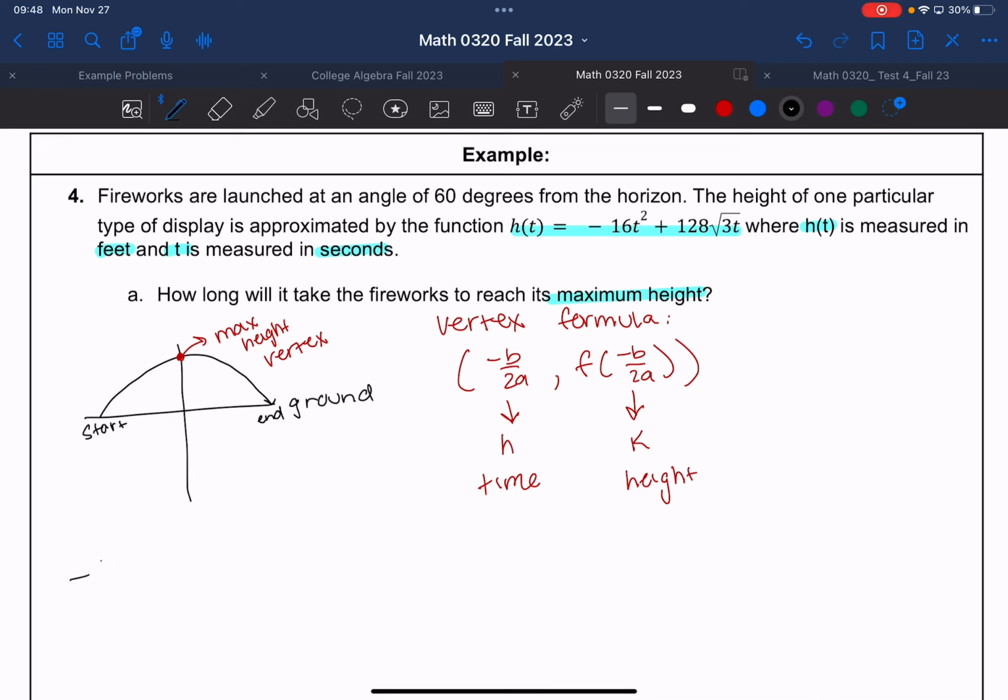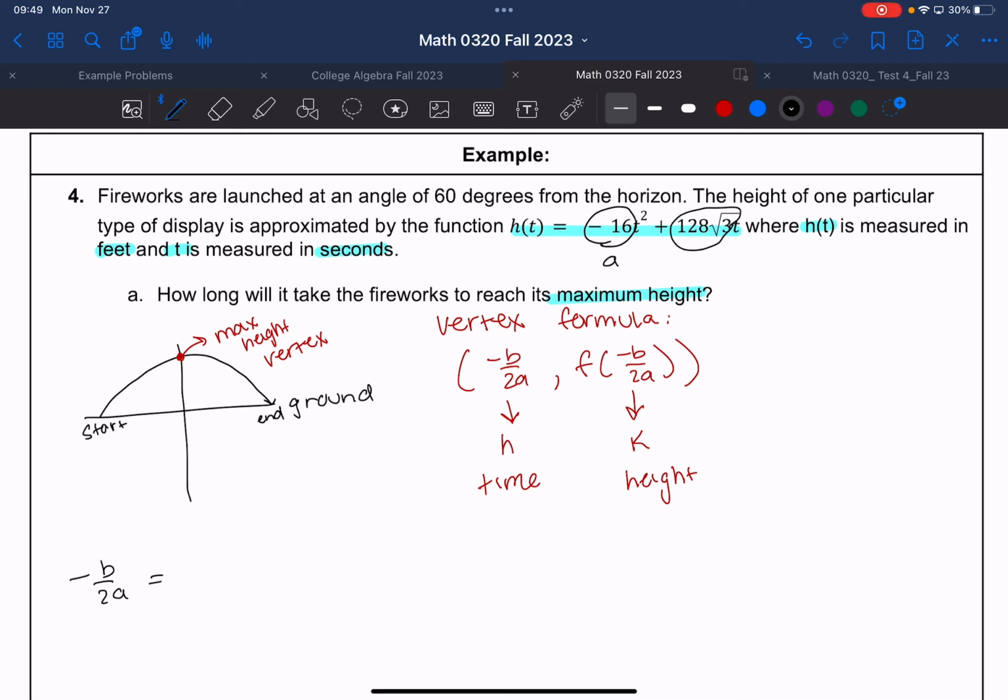So we do negative b over 2a. In this case, what is our a value and what is our b value? Good, this is our a value. And what's our b value? Good, so all of that besides the t.